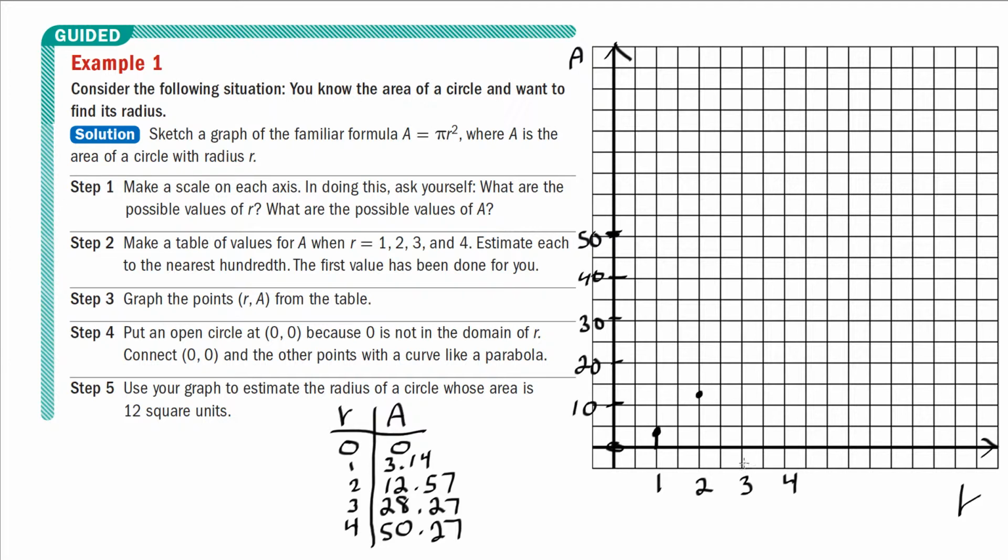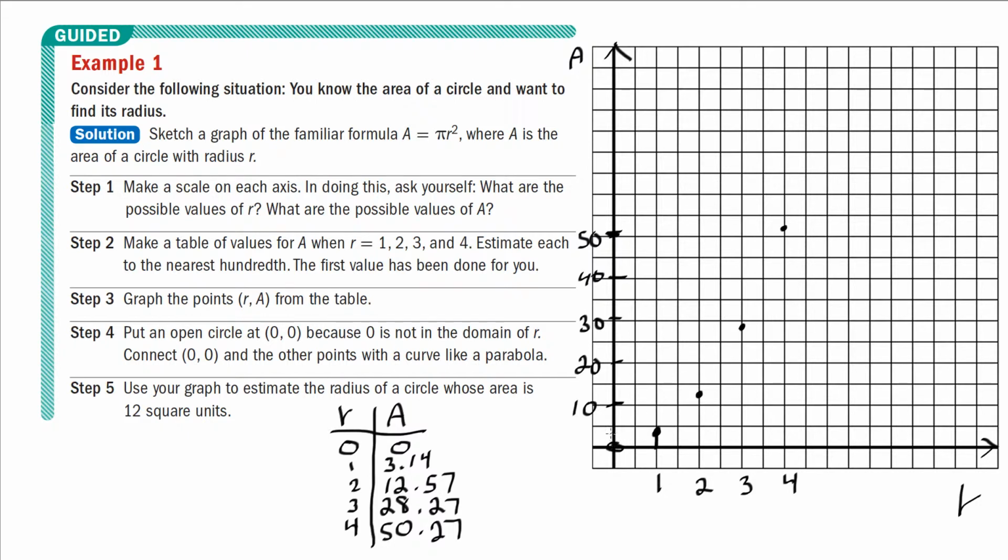For 3, I'm at 28.27. Here's 25. 28 is a little bit over half. I'll put a point there. And then for 4, I'm at 50.27, which is a little bit below halfway. Okay, I've got some points put in.